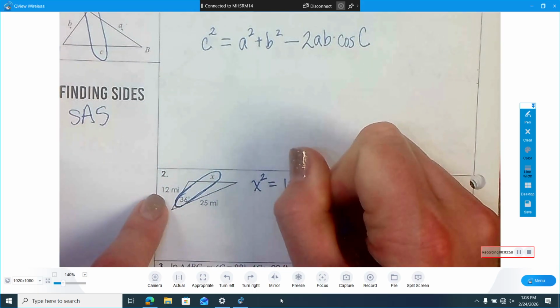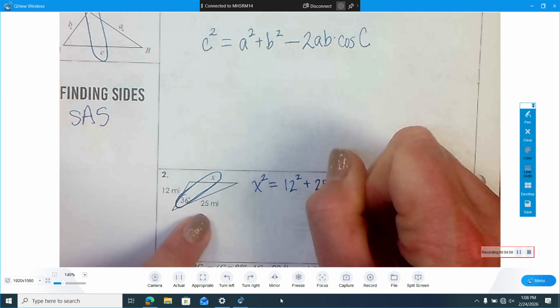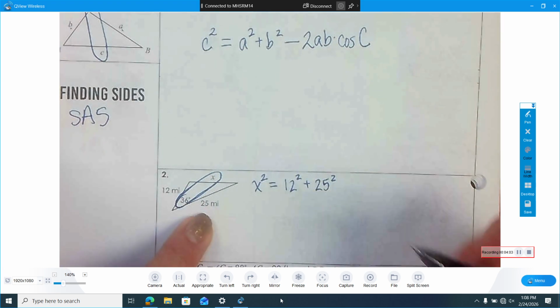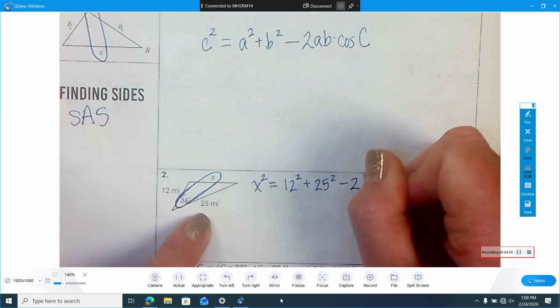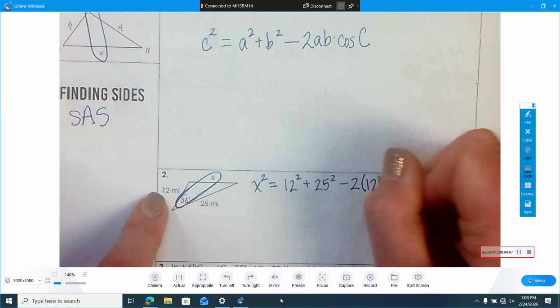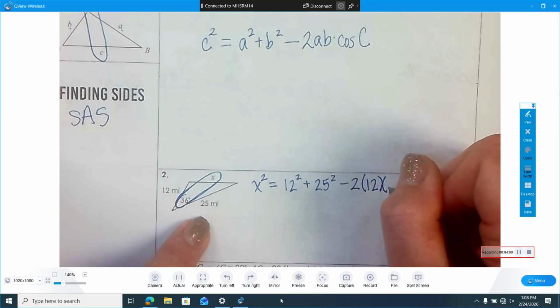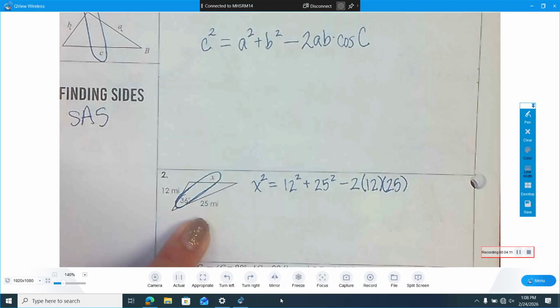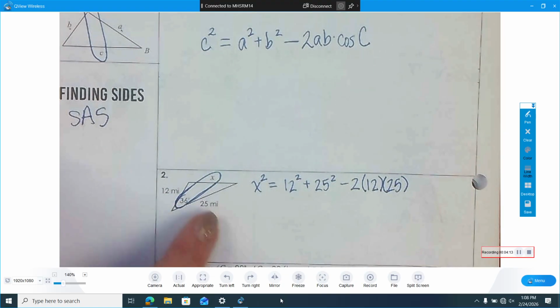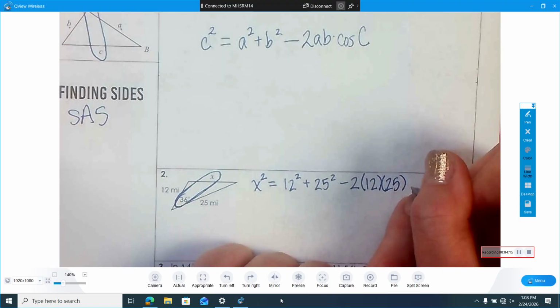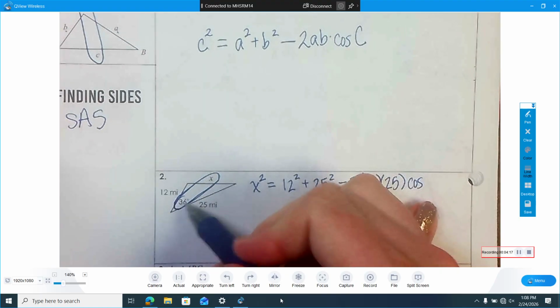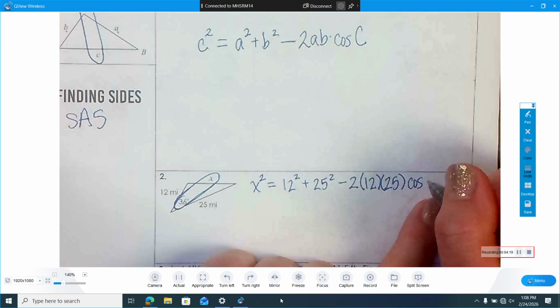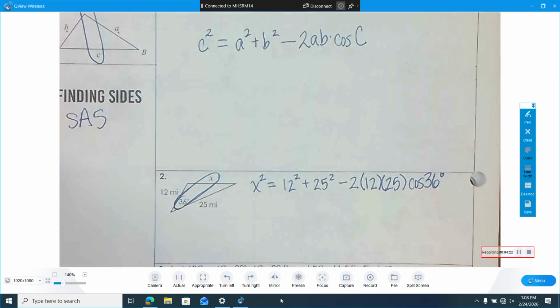So 12 squared plus 25 squared minus twice 12 times 25, times the cosine of our included angle, that is 36 degrees.